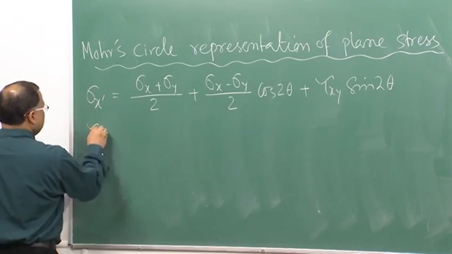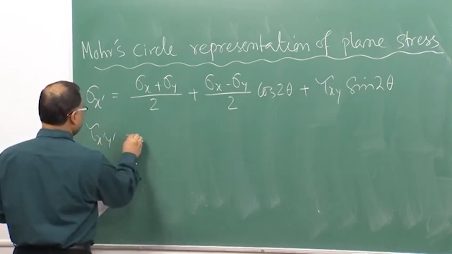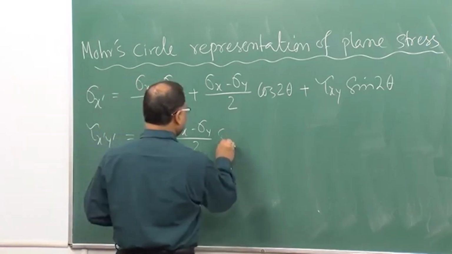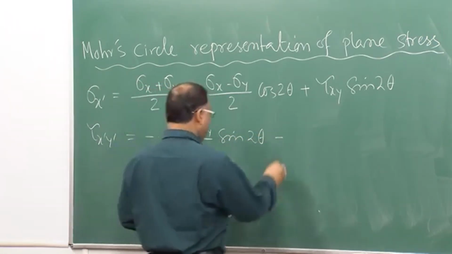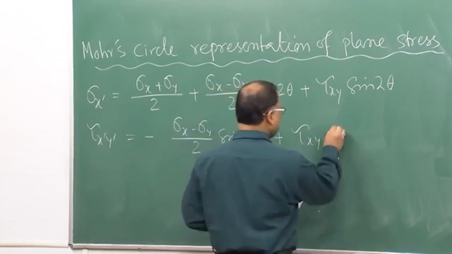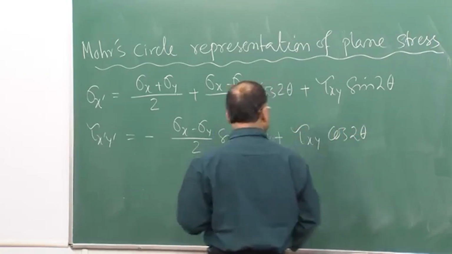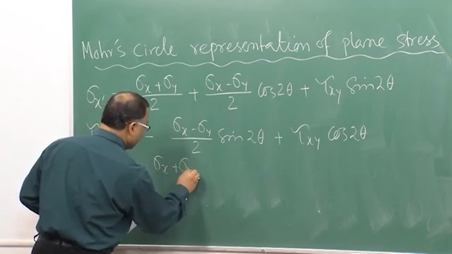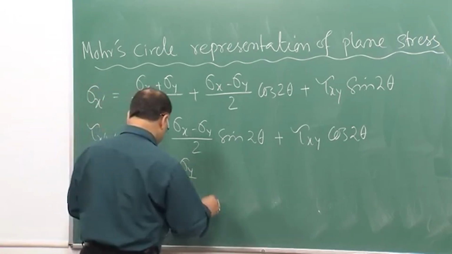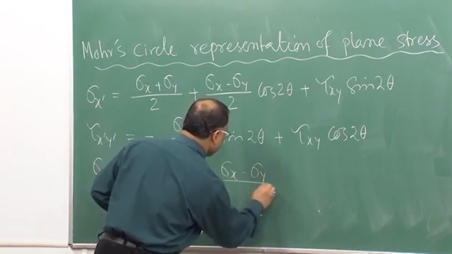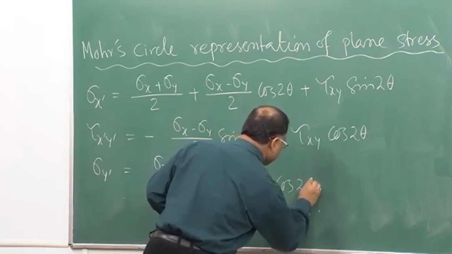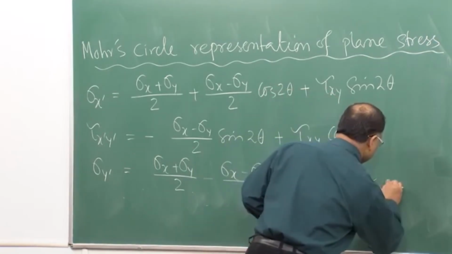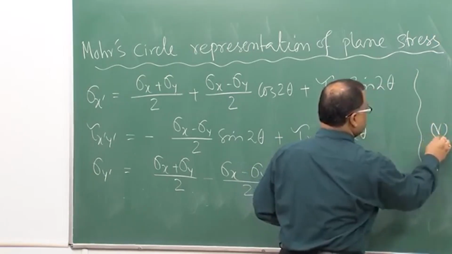Similarly, tau x prime y prime is given by minus sigma x minus sigma y by 2 sin 2 theta plus tau xy cos 2 theta, and you will get sigma y prime equal to sigma x plus sigma y by 2 minus sigma x minus sigma y by 2 cos 2 theta minus tau xy sin 2 theta, equation 5 say.